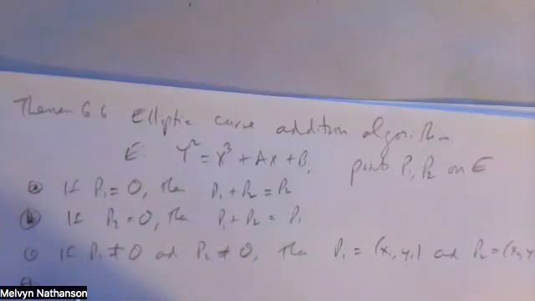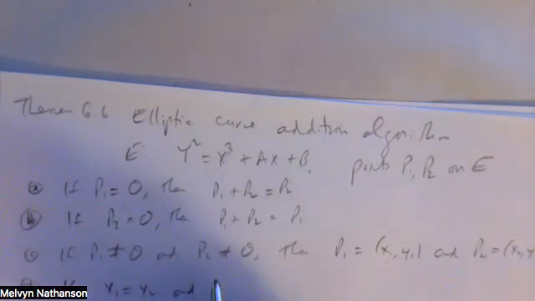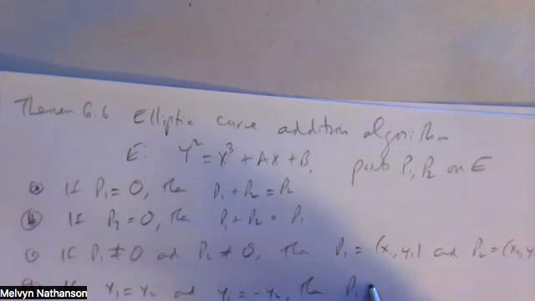Now, if x1 equals x2 and y1 is minus y2, then P2 is minus P1. So P1 plus P2 is the point at infinity.